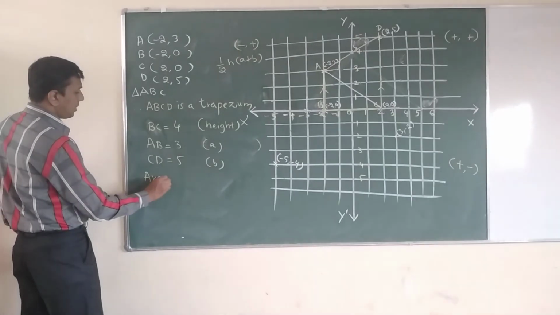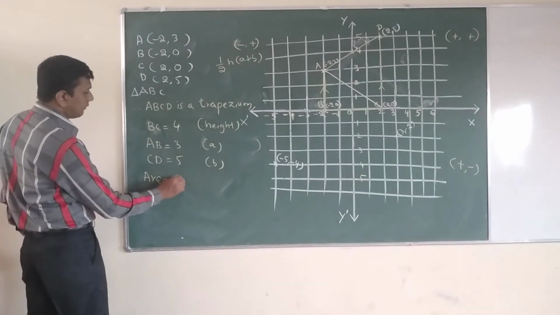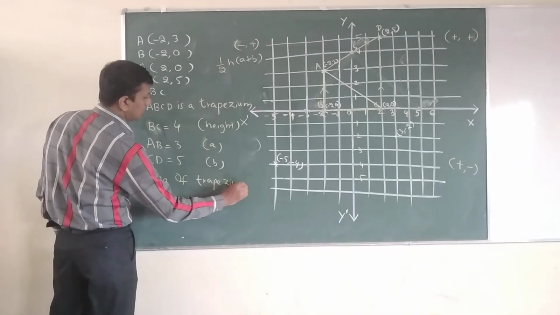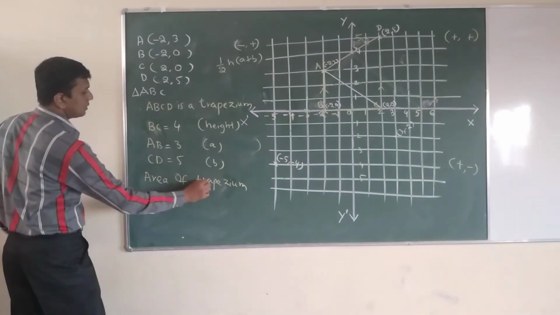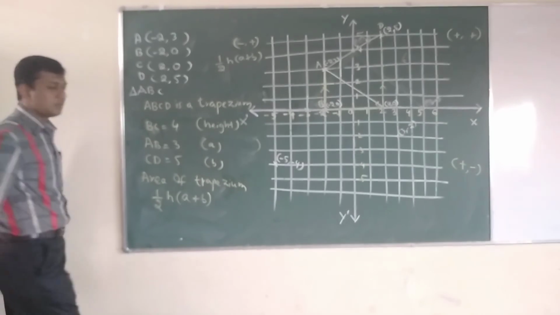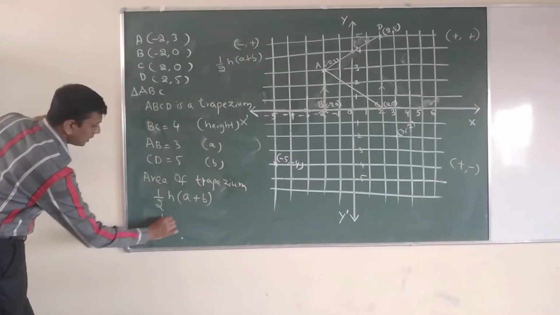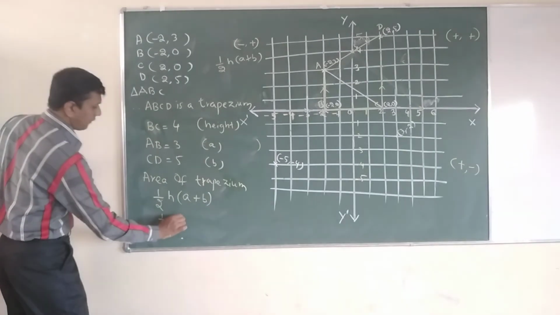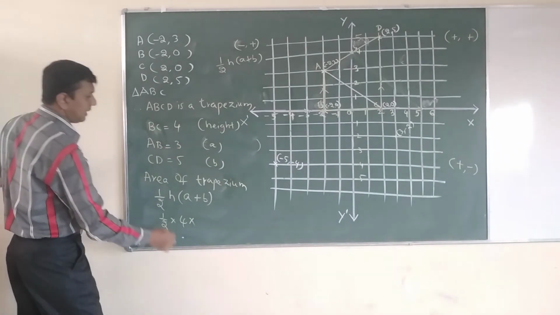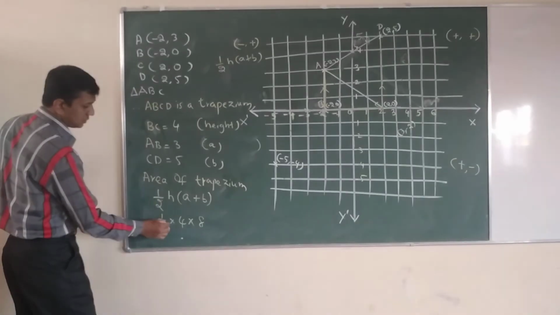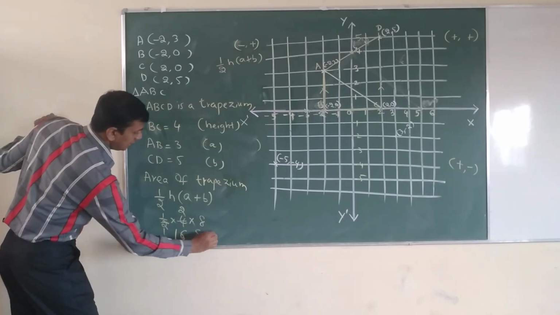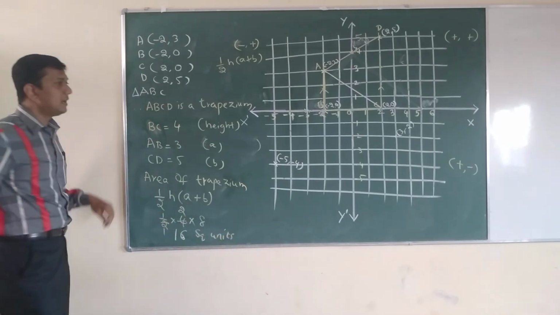Now, if I am asked to find out the area of the trapezium, this is the procedure we have to follow. Area of trapezium, formula half into height into A plus B. Half into height, here 4, and the small a value and B value both should be added: 3 plus 5, 8. 2 ones, 2 twos, 2 eights, 16. 16 square units is the area.